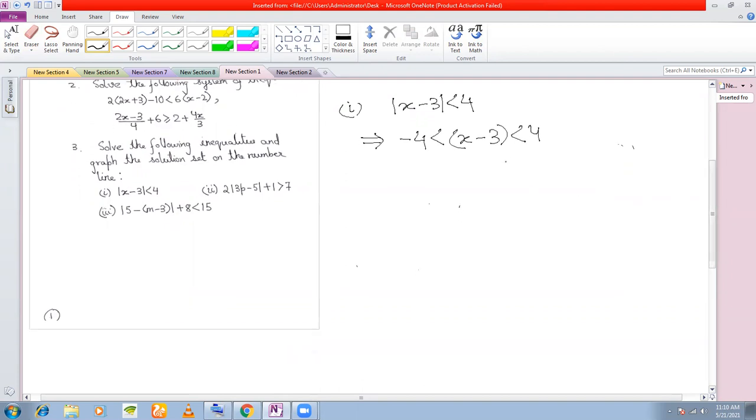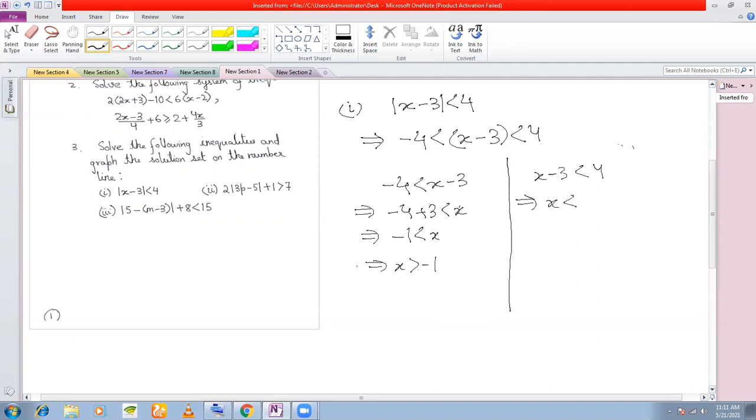Now this inequality can be solved. You split it into 2. Minus 4 less than x minus 3 and x minus 3 less than 4. So this will be minus 4 plus 3 less than x. That means minus 1 less than x, that means x greater than minus 1. And here also x is less than 7.